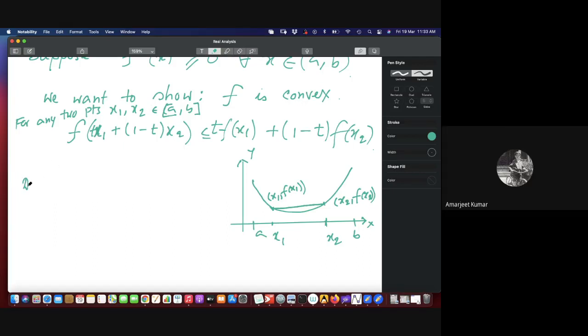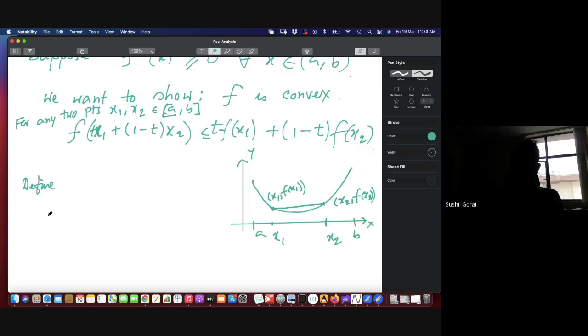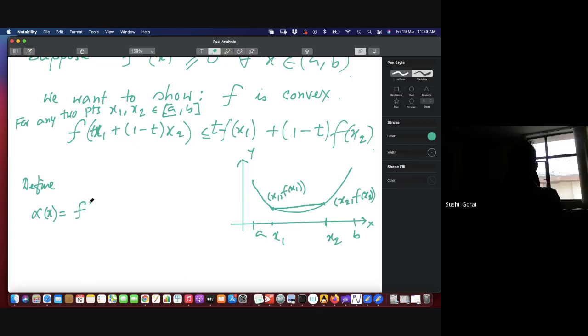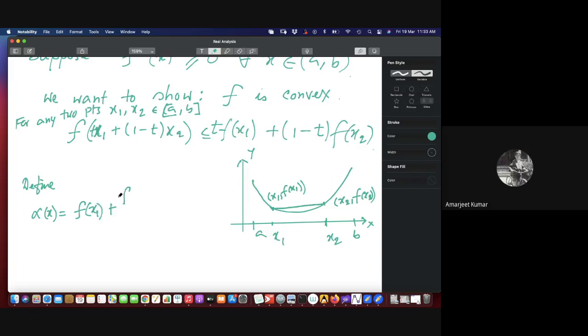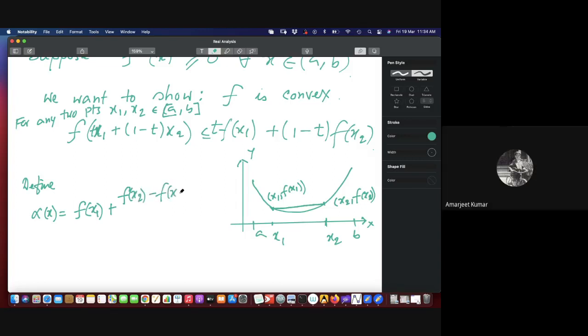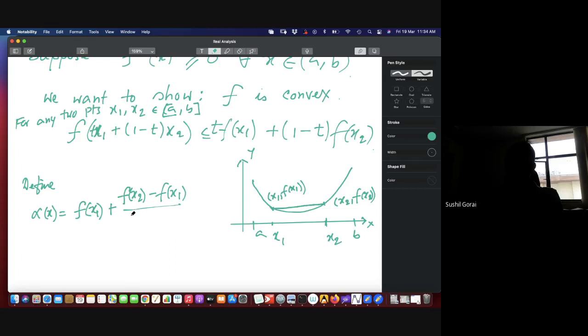Right. So we want to find y. So define alpha x to be y. So what would be the y? y will be f x1, that is, y minus y1 plus f x2 minus f x1 by x2 minus x1, whatever.